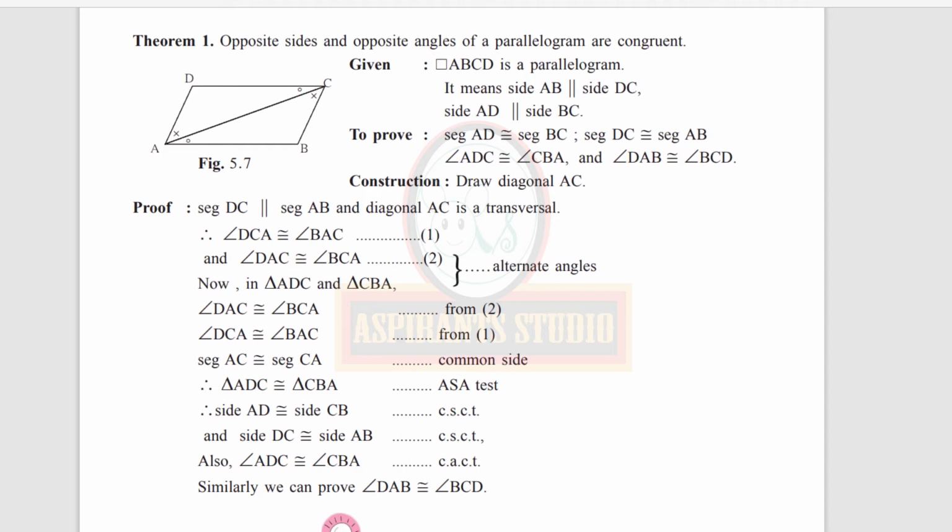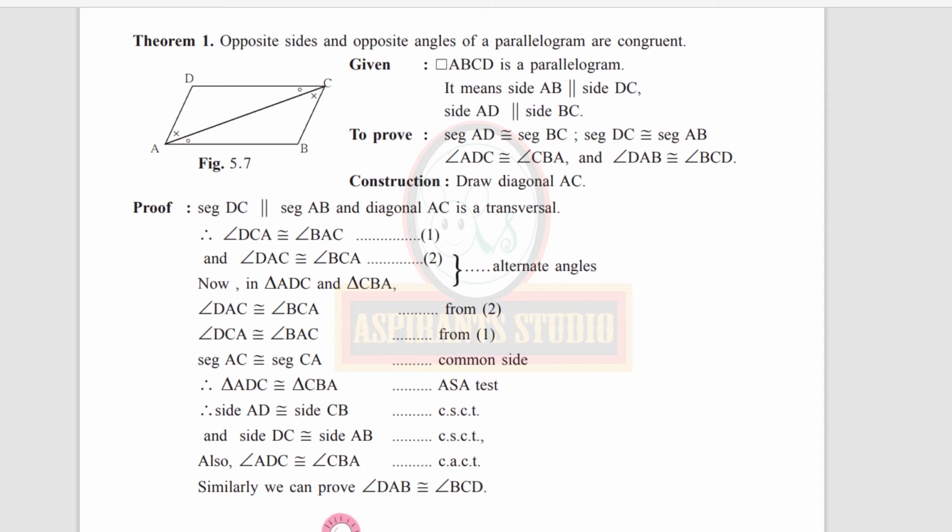Now, the side is the included side between the two angles. Look at the figure. Side AC is the included side between the two angles, angle DAC and angle DCA. Look at segment CA, that's the same side only, CA.